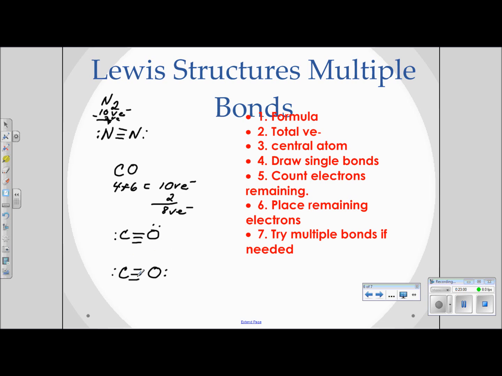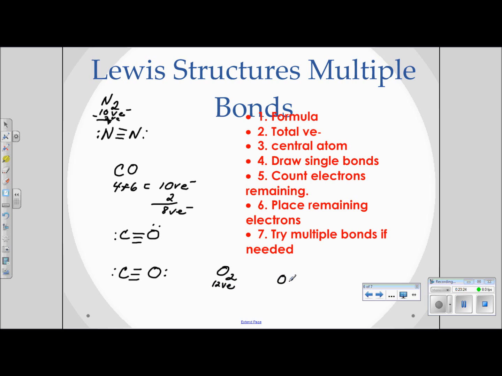Now, don't think that all the examples would have 3 bonds. There are some that have only 2. A quick example that I can show you is O2. And again, we're going to figure out the number of valence electrons, 6 valence electrons each. That's a total of 12 valence electrons.